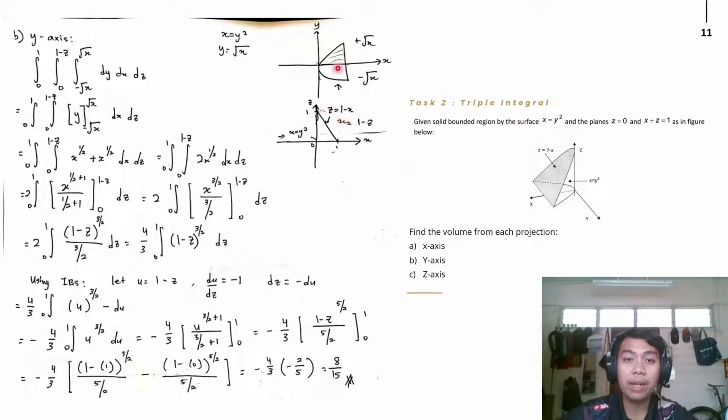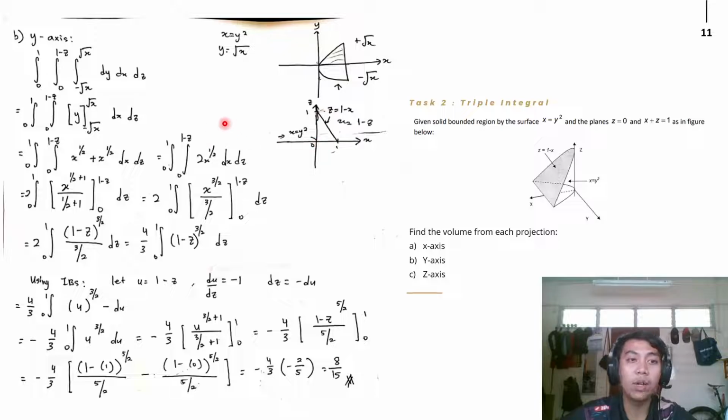So we will first make the negative square root of x our lower limit, and our upper limit will be the positive square root of x, because this is the y squared curve we have here. And then for our base, we will go from 0 until 1 minus z, here 1 minus z. This is our plane. And then for our range, we will go from 0 until 1.